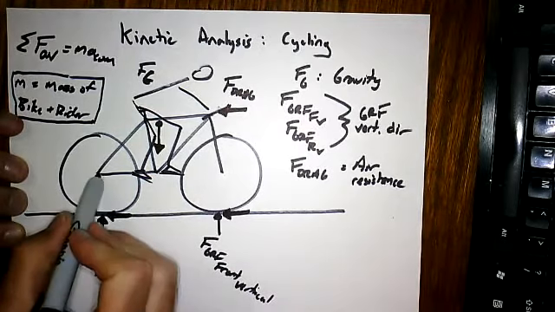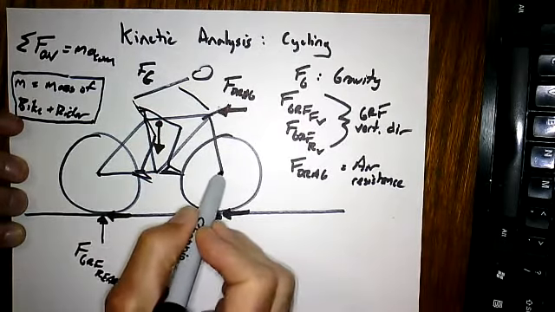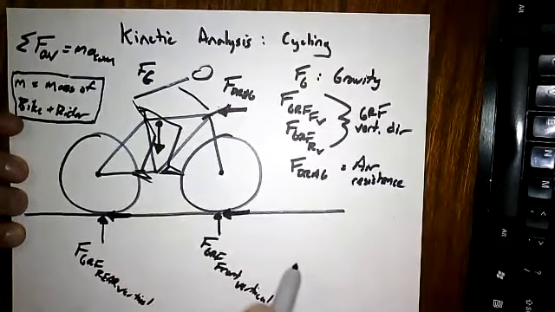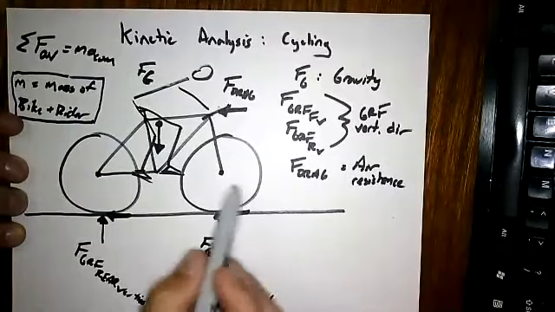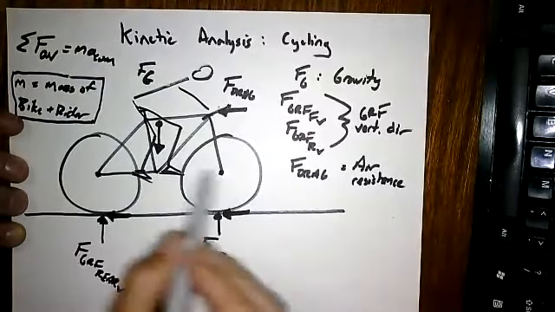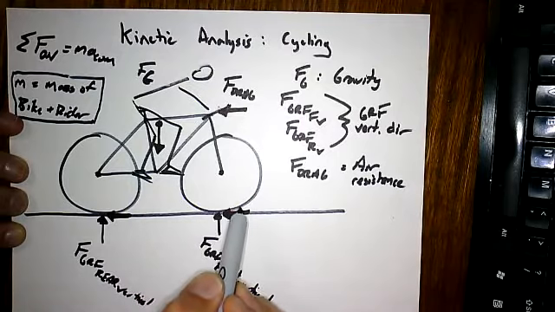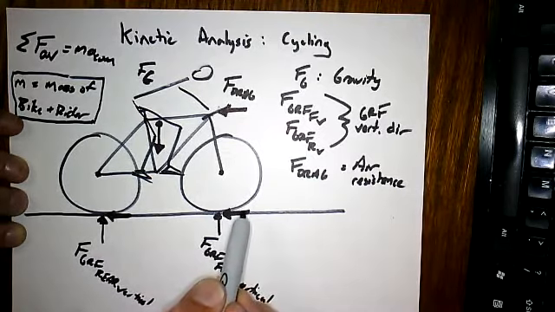Now, sometimes I'll actually talk specifically about bearing resistance, and the wheels have some resistance to rotating around the hubs. That is, if I just pick the bike up and I spin the wheel, it will spin, spin, spin, and eventually come to a stop. That force causing the wheel to stop rotating would be related to bearing resistance.